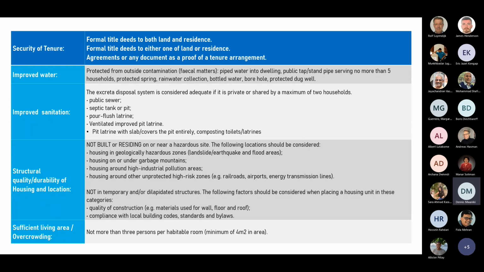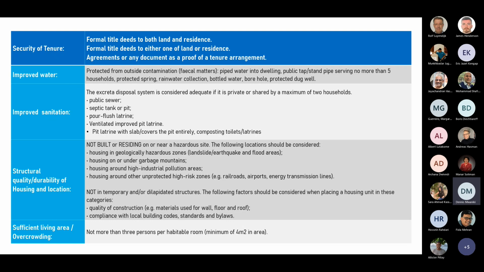The same for sanitation. We consider the protection from different exposures. In this case, we consider households that have access to public sewer, septic tank, flush toilet, VIP toilet, latrines, and other associated facilities.